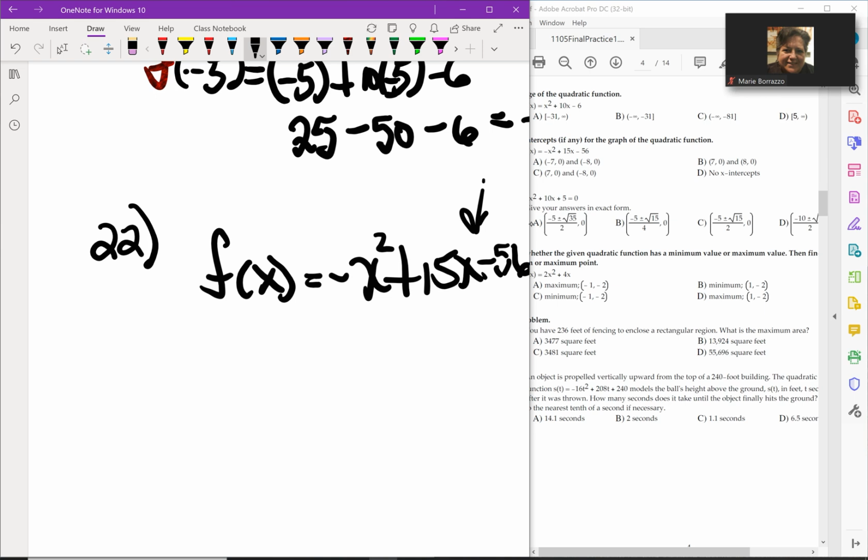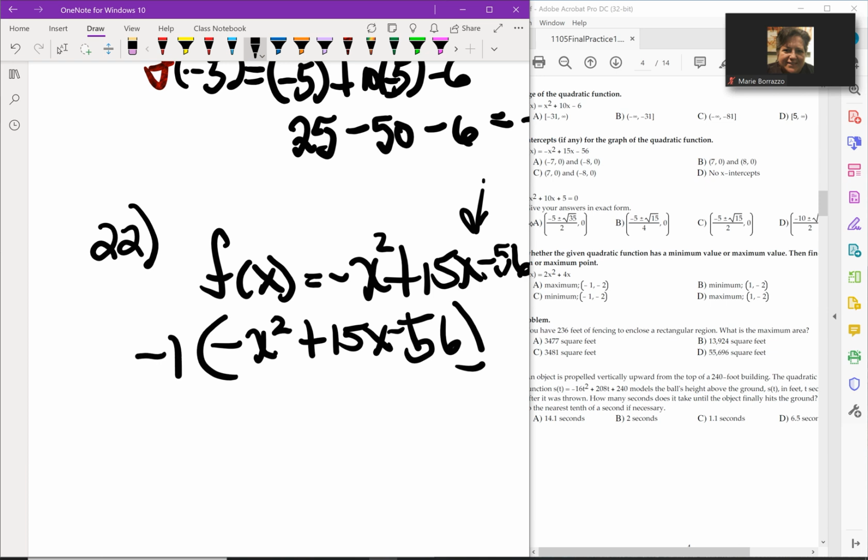I'm thinking, however, that if I take the negative x squared plus 15x minus 56 and multiply the whole thing by negative 1, remember this is equal to 0, so I can actually go ahead and do that.